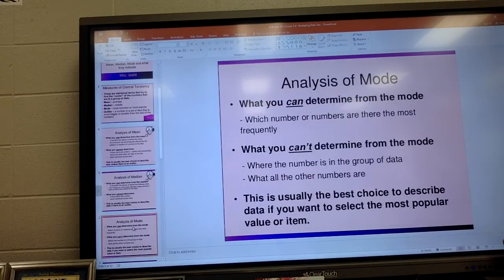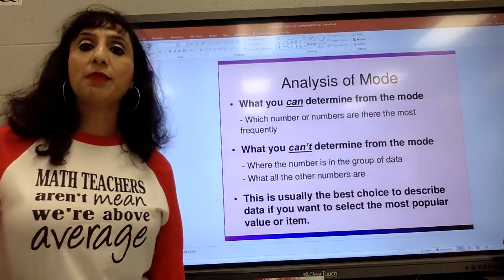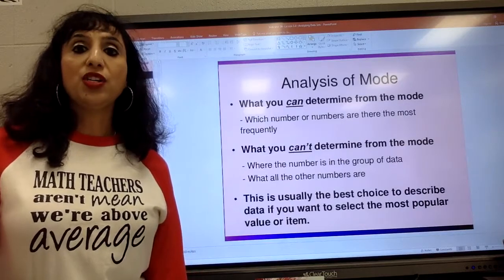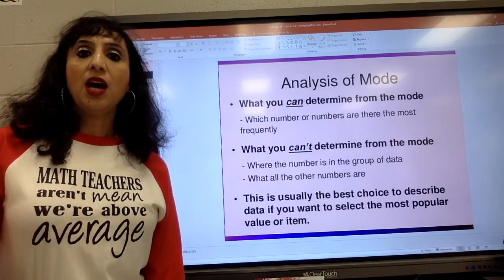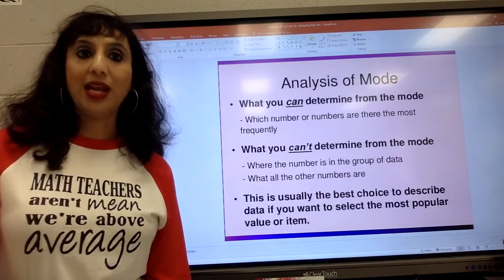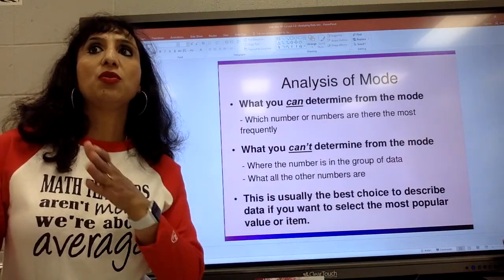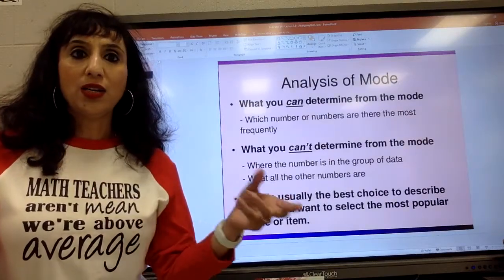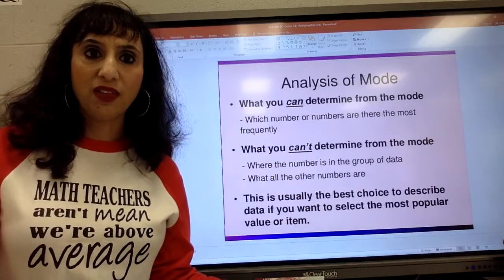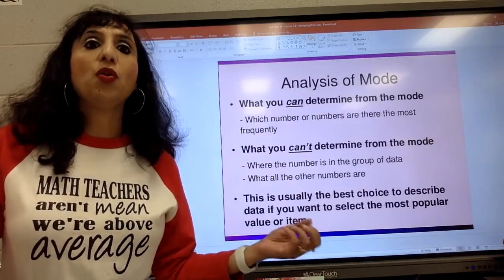Analysis of mode. Mode means most. What you can determine is which number or numbers occur most frequently. What you cannot determine is where the numbers are in the group of data. Let's say I have 20, 20, 36, 42, 100. The mode, 20, is absolutely at the lower end of the data set, but when you look at the mode, you don't know which part.